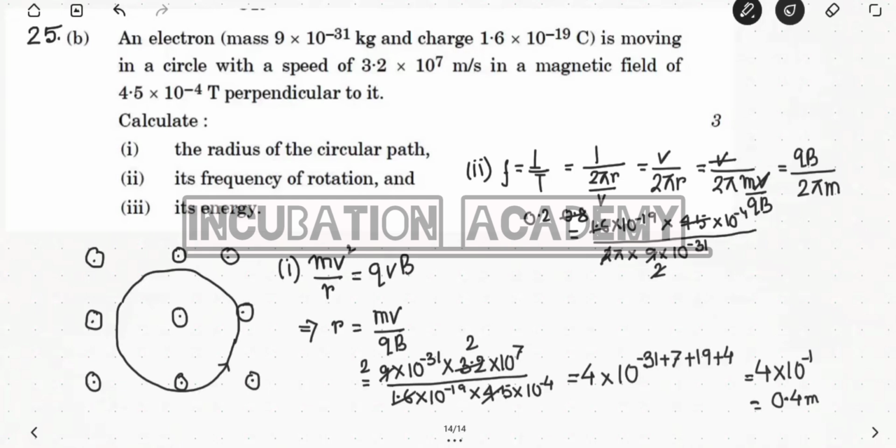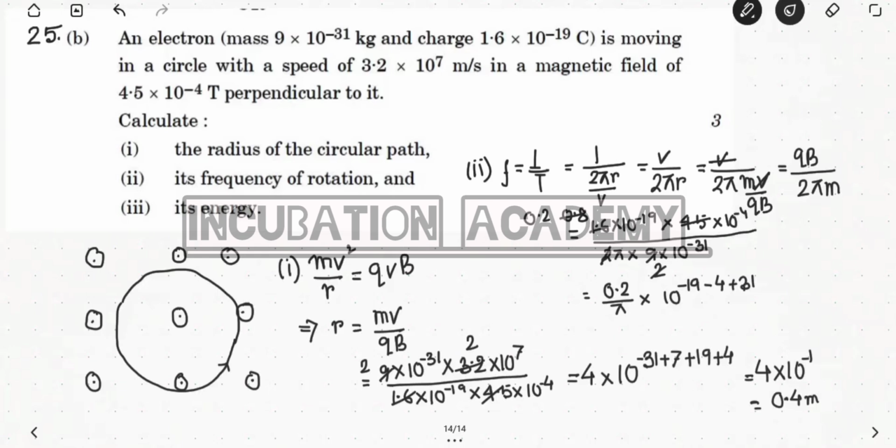So this becomes 0.2/π multiplied by 10 to the power -19 -4 +31, because 31 is in the denominator. So 19 plus 4 is 23, so -23 plus 31.